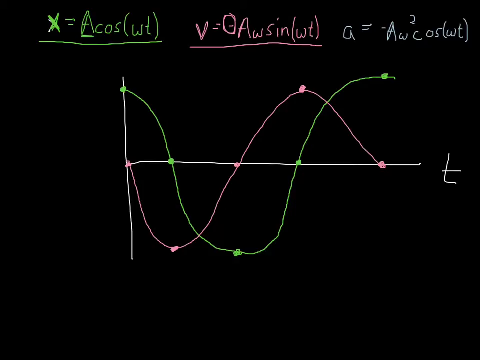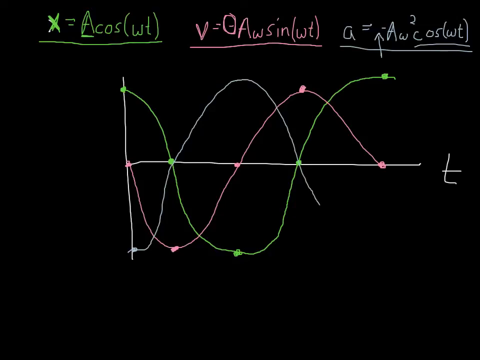And finally, the acceleration is going to be the same phase. It's not going to be offset at all from the position. It's very well related to position because they're both cosine, except my acceleration has this negative. This negative means instead of starting up top with a positive amplitude, I start down low, with a negative. And then I'll have the same exact shape, same exact crossing points as my position.